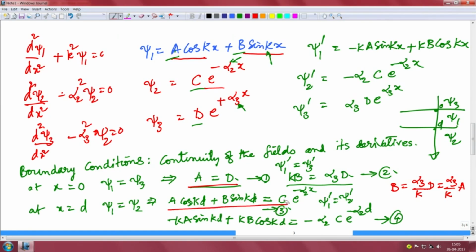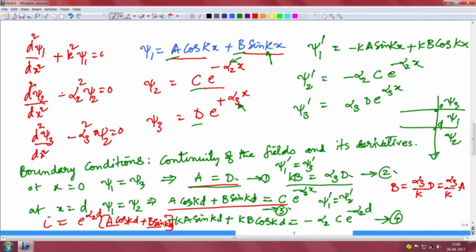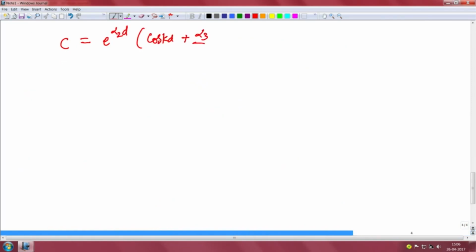By using the third equation we can get an expression for c. So, I can write c as e power alpha 2d times a cos kd plus b sin kd, which we can rewrite replacing constants a and b using the earlier expression: c equals e power alpha 2d into cos kd plus alpha 3 by k sin kd, with a outside.